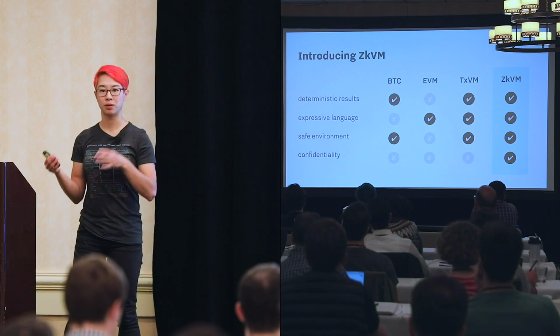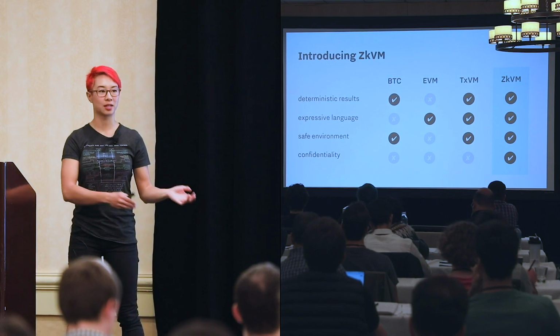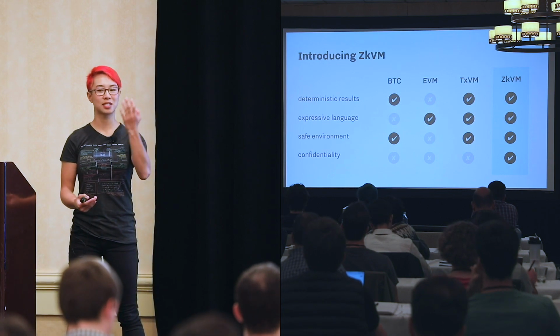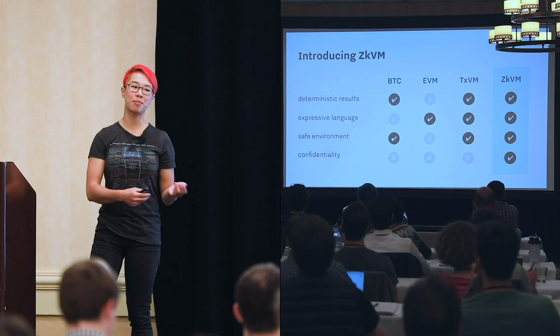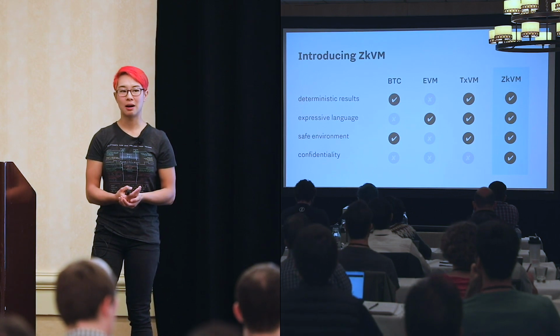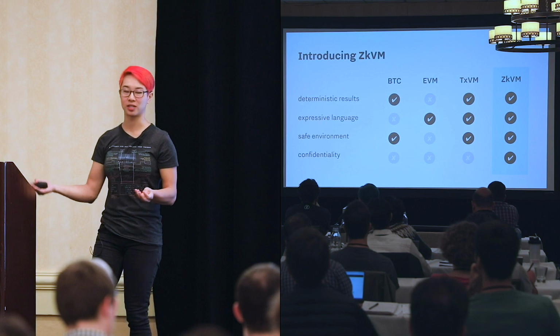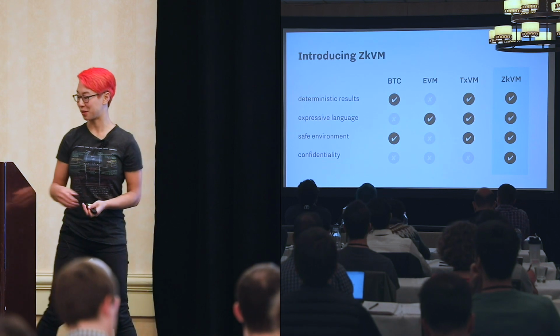And ZKVM just builds on a lot of the concepts of TXVM. We take a lot of the opcodes, we take a lot of the approaches, but we slap on this layer of, now we have Bulletproofs. And so now all of these things, instead of operating over plain text values, can operate over encrypted values and make a proof that the operations are valid for those encrypted inputs and outputs. So I think that's pretty cool.